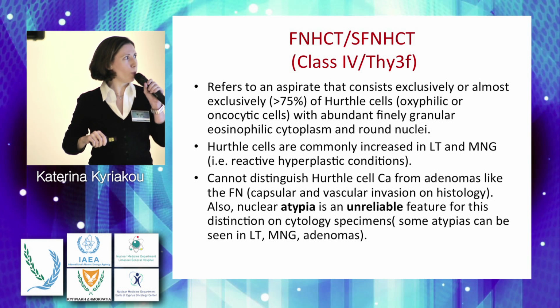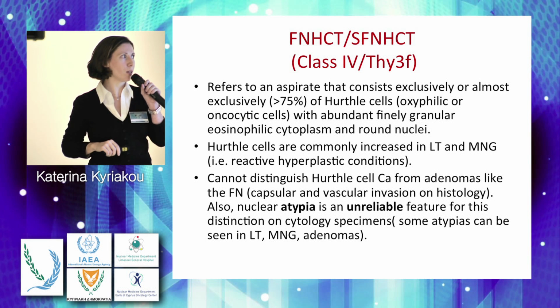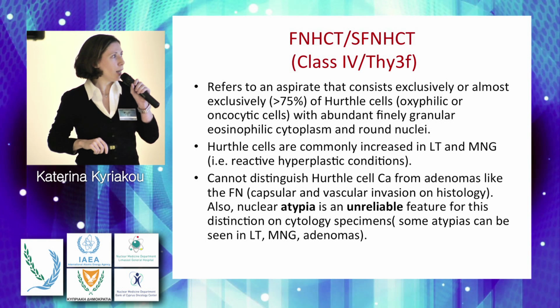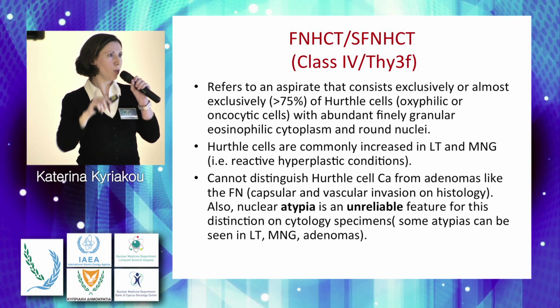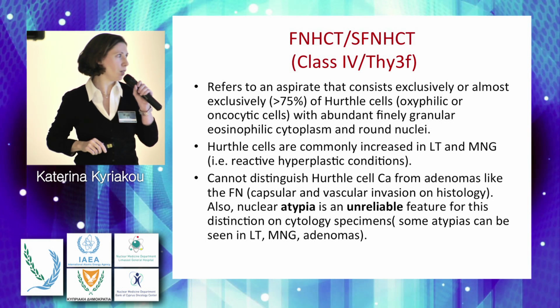And these cells are commonly increased in lymphocytic thyroiditis and multinodular goiter. They are hyperplastic conditions. We cannot distinguish again the Hurthle cell carcinoma from an adenoma. Again, we have to see the capsule invasion and the vascular invasion.